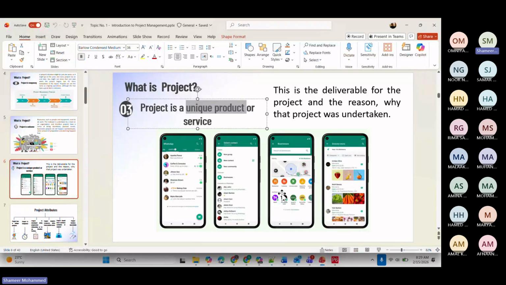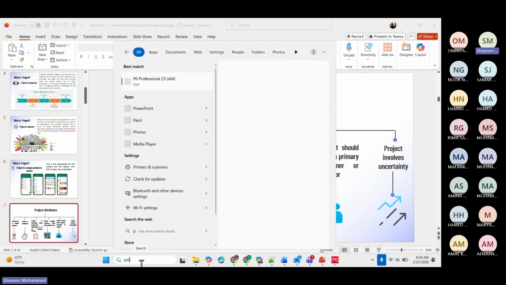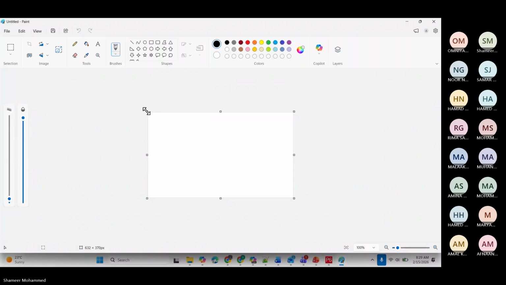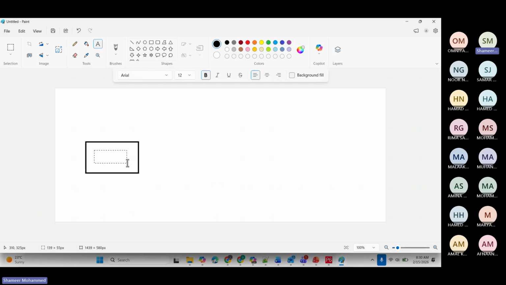Okay. Now every project will have certain characteristics. Now, what are these characteristics or attributes? I will tell you in a simple way. You studied introduction to databases, right? Okay. So in that one, just tell me, what is this symbol we use? This symbol is what in database?